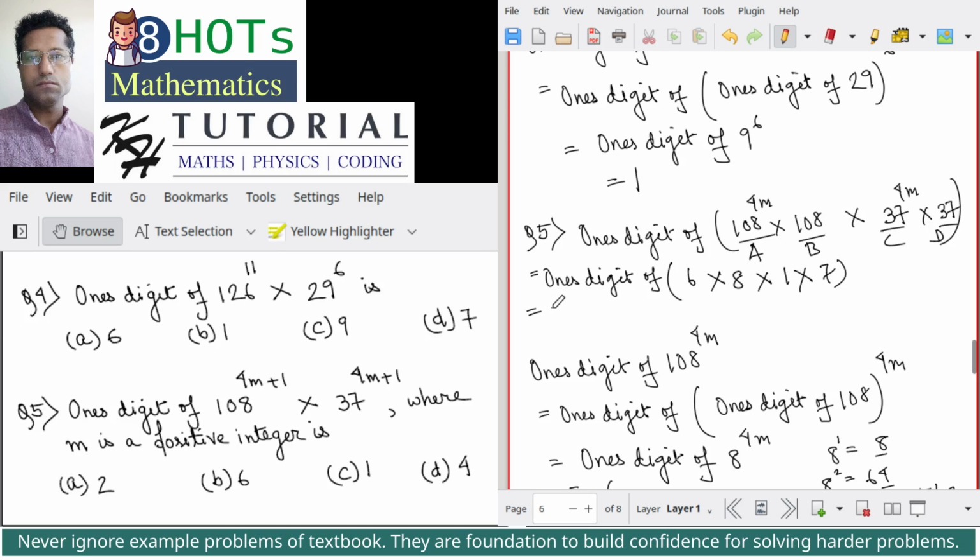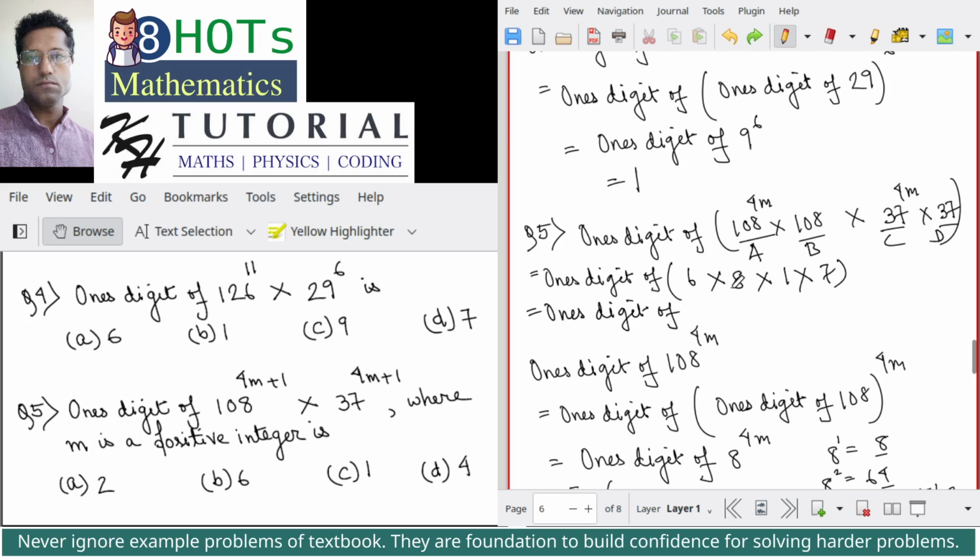So this is equal to the ones digit of 6 into 8, which is 48, and the ones digit is 8.